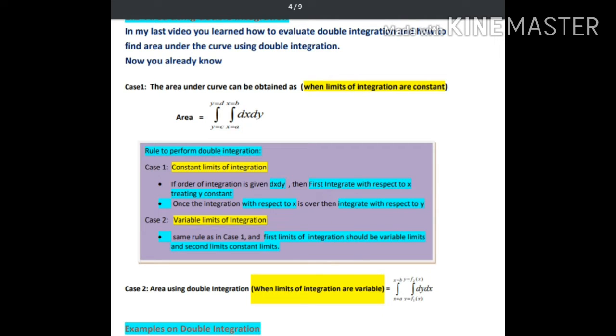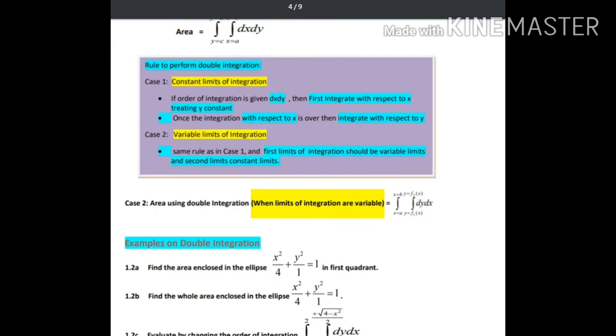And case 2 can be when the limits of integration are variable limits. This is almost the same formula, double integration. We can take order dx dy and we can take order dy dx. It's our choice. Already we know that if the order is dy dx, then the strip is a vertical strip, and if the order is dx dy, then the strip is a horizontal strip.